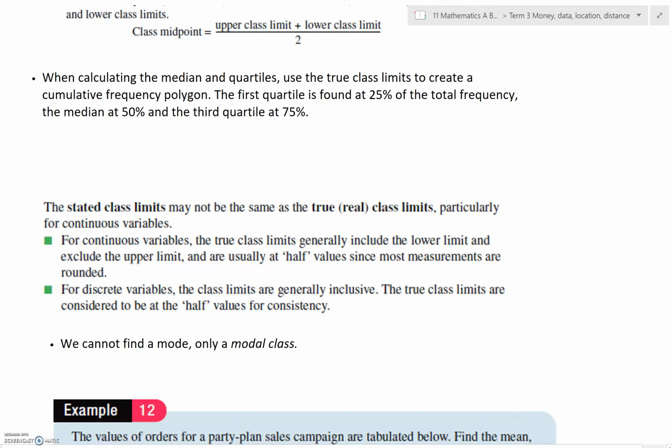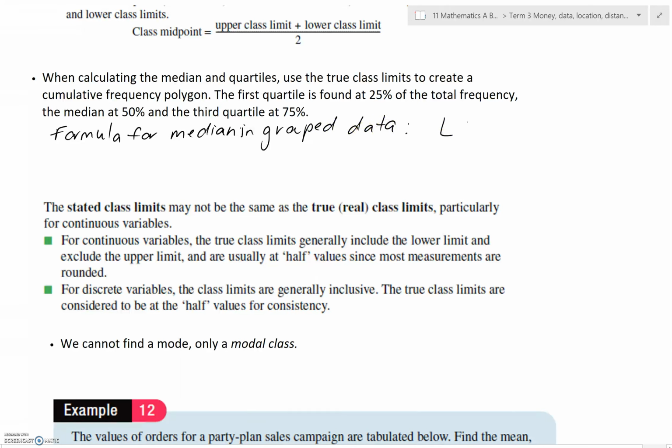However, the formula we're going to use is a little bit different. So here is the formula for the median when we're working with group data. It's only different when we're working with group data.